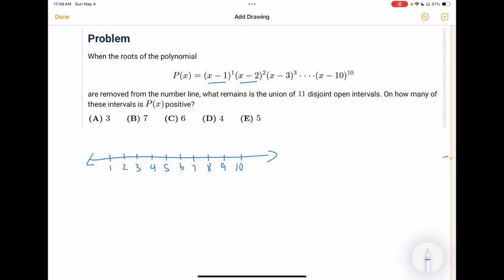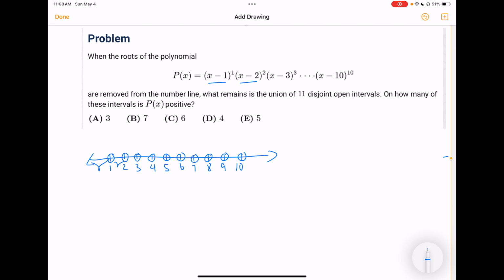These roots are all removed, so I'm going to denote them as open circles. That means the intervals would be the ones in between these, and then from negative infinity to 1, and then 10 to positive infinity. So these would be the intervals.